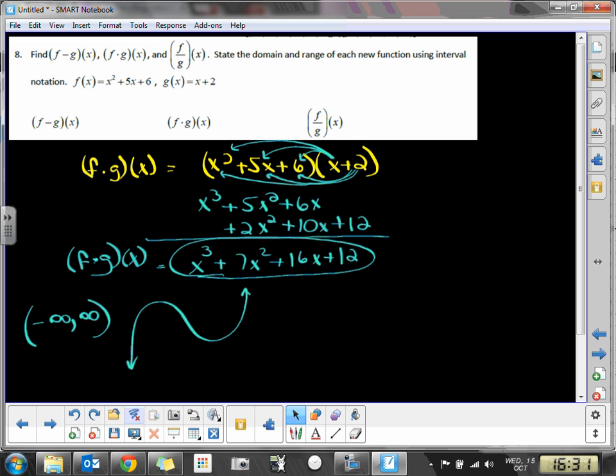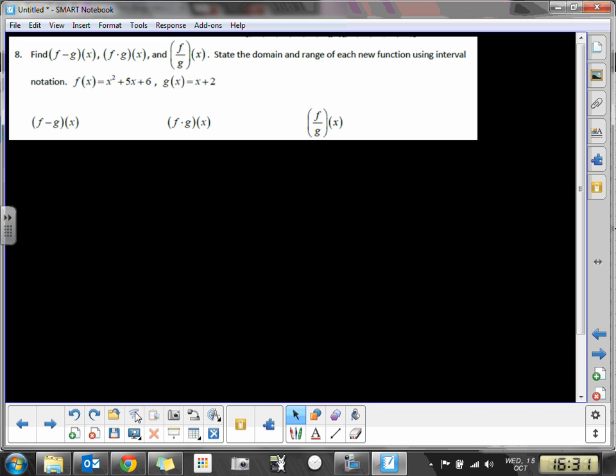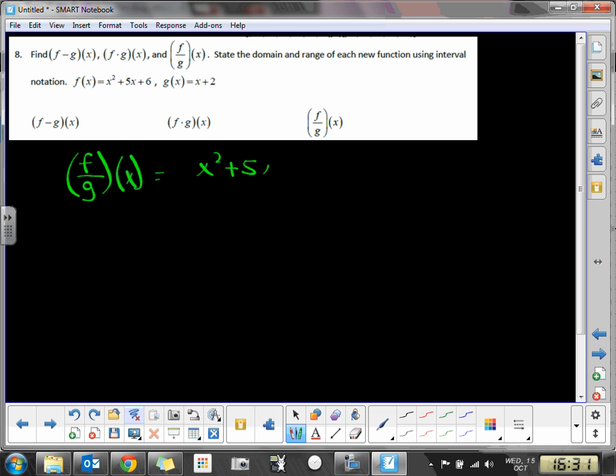The last one we're going to do is the quotient, or a division problem. So take function f divided by function g, which means it's x squared plus 5x plus 6 divided by x plus 2. In order to divide, we want to make sure that we restrict any domain values that will cause us to divide by 0. So this is a red flag immediately.